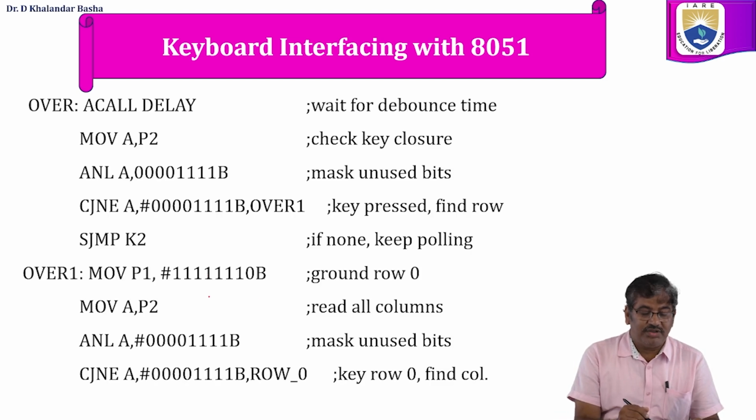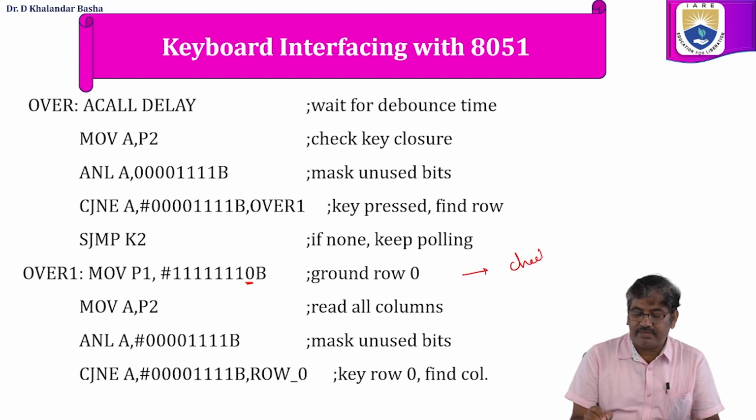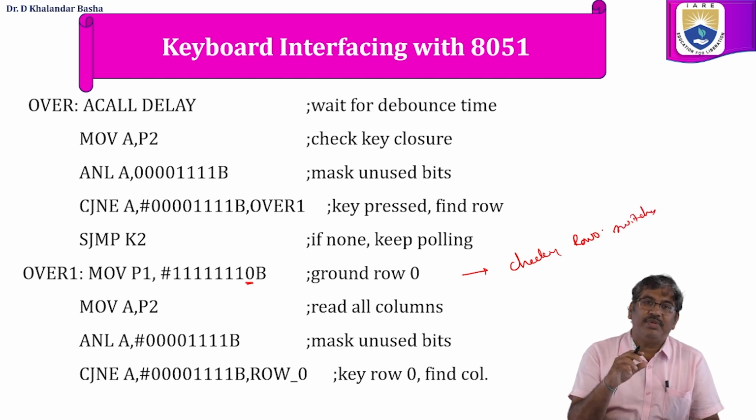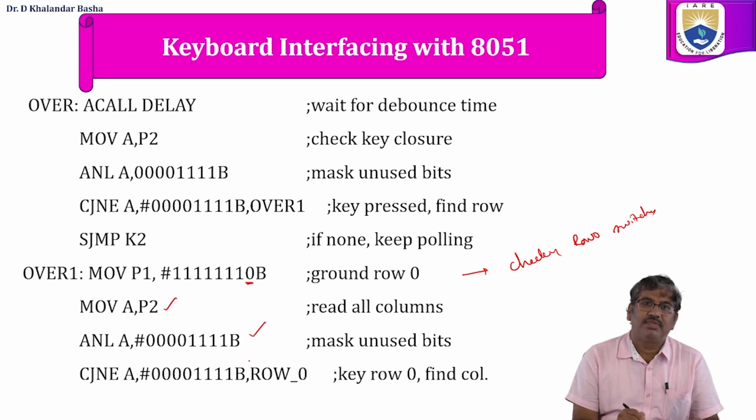So let us consider that the key is pressed. What we do is send row 0 as 0 and the remaining bits as 1. This is for checking row 0 switches. Once we make the row value 0, we read the column values, AND with 0FH, and compare with 0FH.